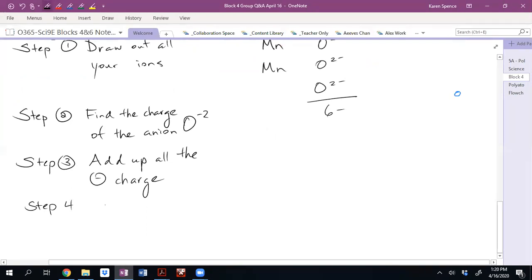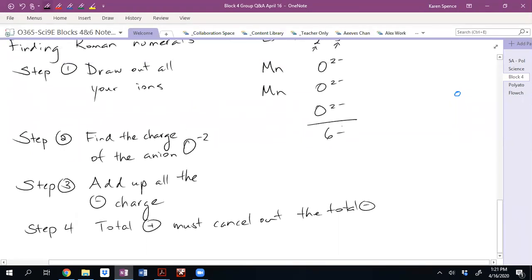Step 4, the total positive must cancel out the total negative. So if we have 6 negative in total, then we must have 6 positive in total.